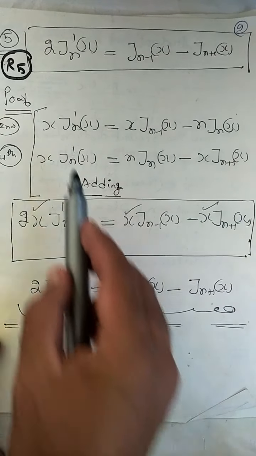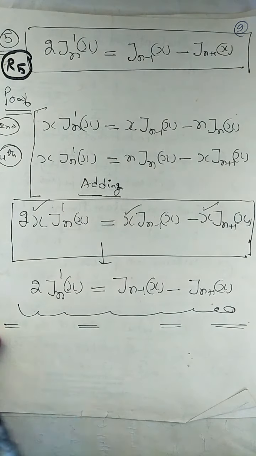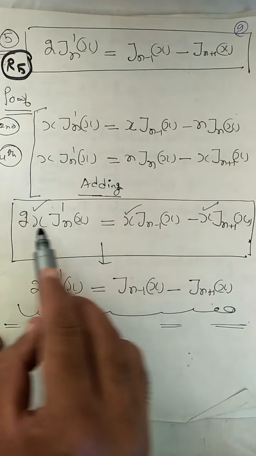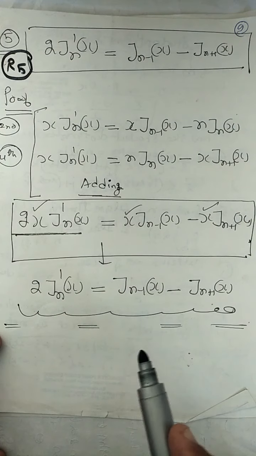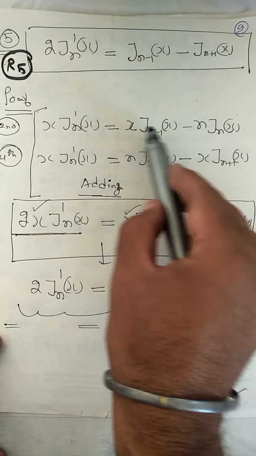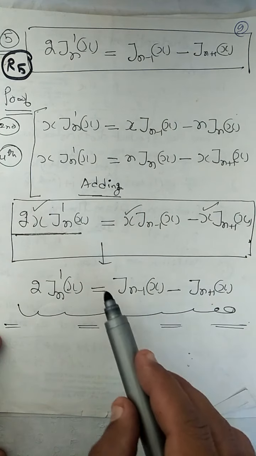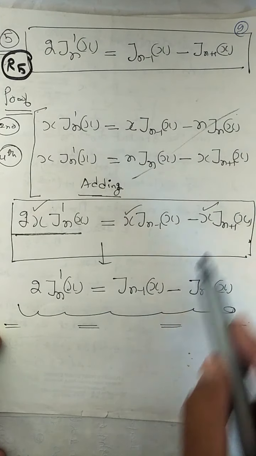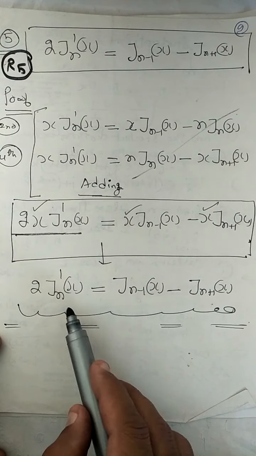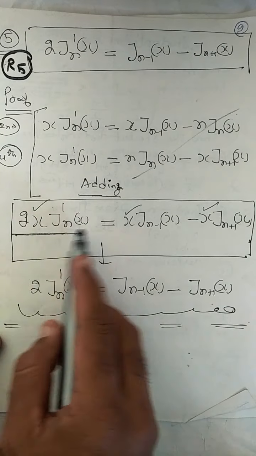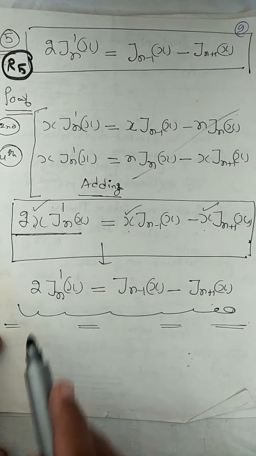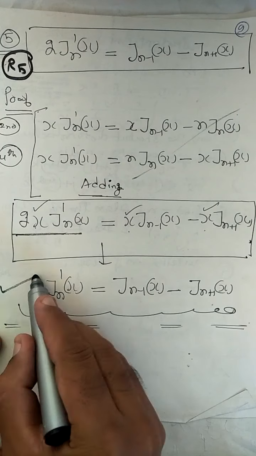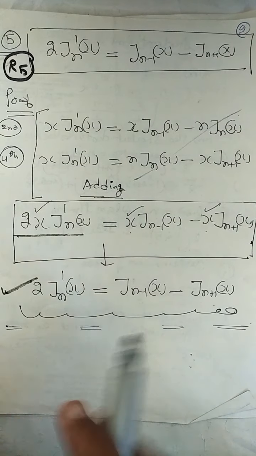Now take the second and fourth recurrence formulas and just add them. x J_n' added to x J_n' gives 2x J_n' equals x J_{n-1}(x), and this term cancels out, and minus x J_n(x) as well. So 2 times J_n'(x) is equal to J_{n-1}(x). This is your fifth recurrence formula.